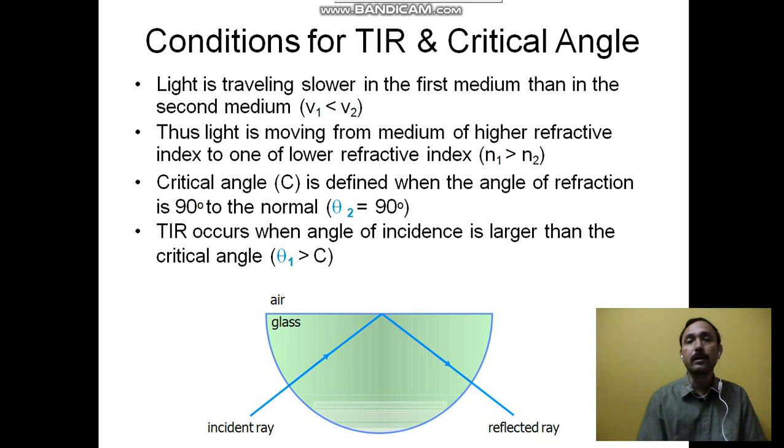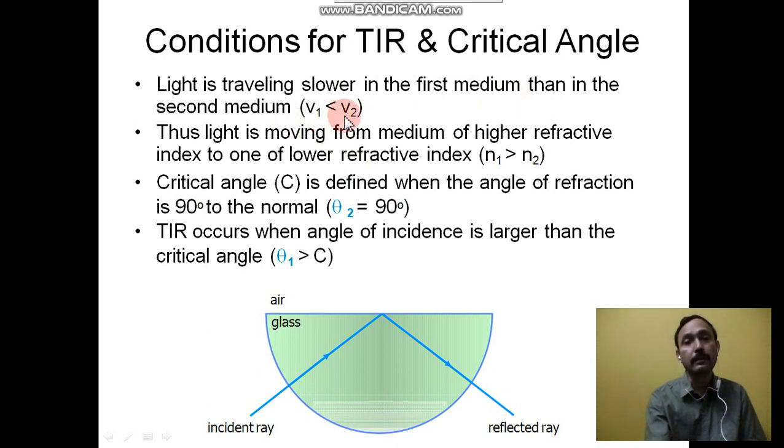So the conditions for TIR and critical angle: light is traveling slower in the first medium than in the second medium. This is the first medium, this is the second medium in this case. As the light is coming from denser to rarer, the denser is the first medium and the rarer is the second medium. So light is traveling slower in the first medium, the denser medium, than in the second medium, the rarer medium.